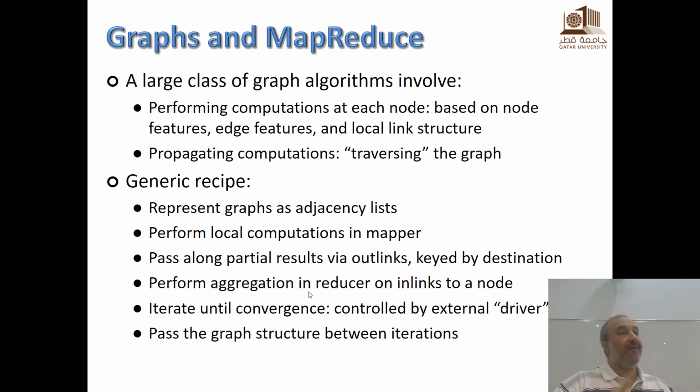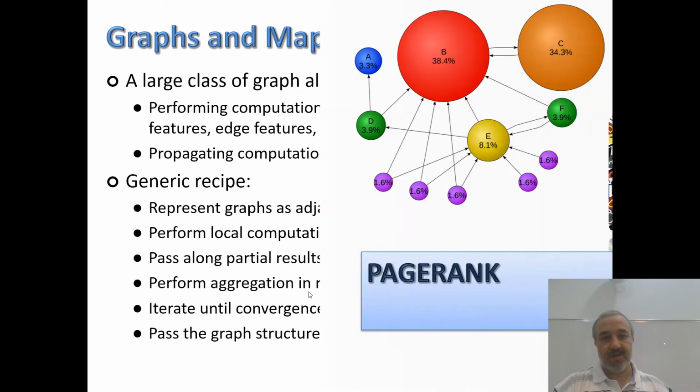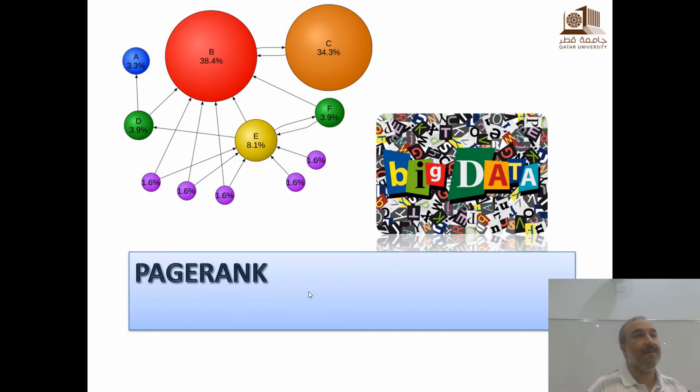And don't forget that we have to pass the graph structure between iterations so that we can smoothly loop over the iteration with the same input format. So that was the summary of what we did, and we are done with the first example, which was the single source shortest path.